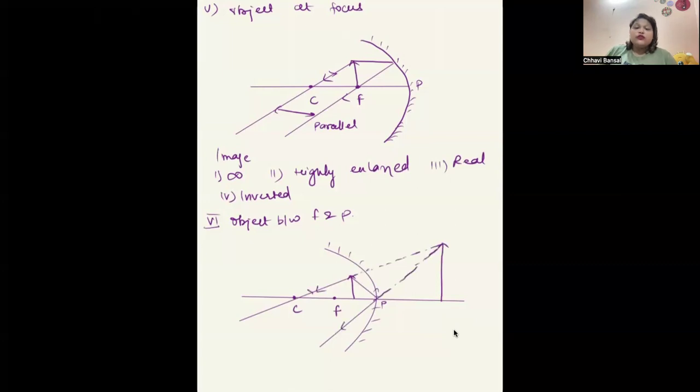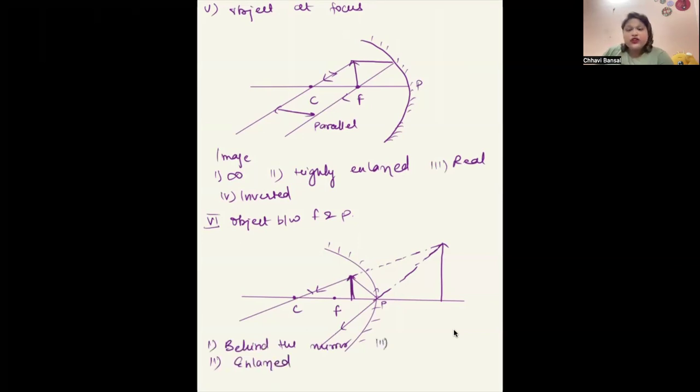They will not actually meet, but they will appear to meet behind the mirror. If you look inside the mirror, you will see that the image is enlarged and it is formed inside the mirror. Okay. So how is the image formed? Image formed behind the mirror. Second, how is it? It is enlarged, right? See the size of the object, see the size of the image. Enlarged.